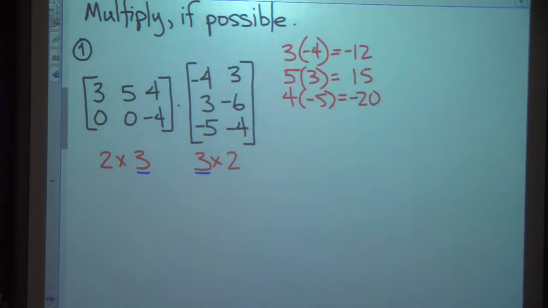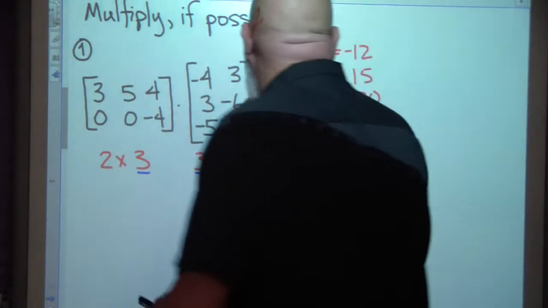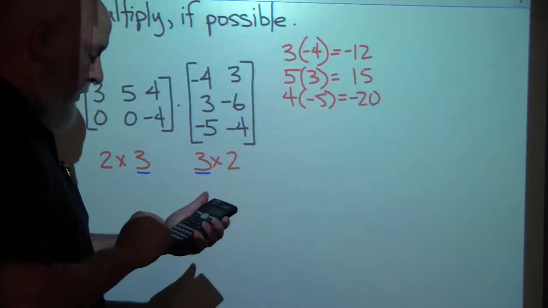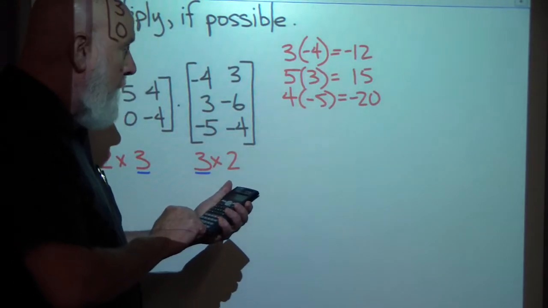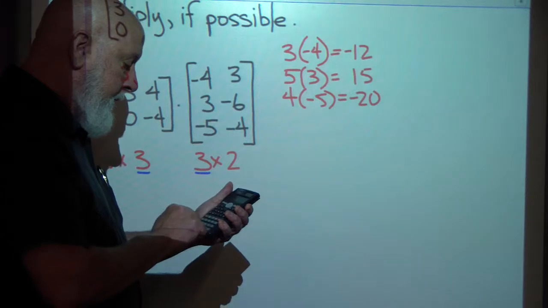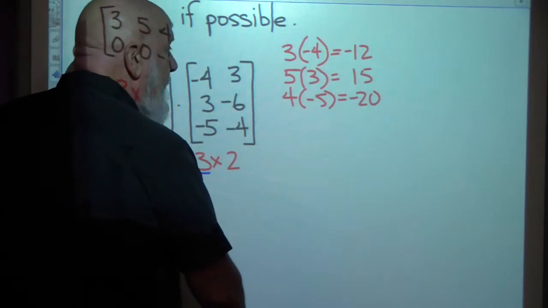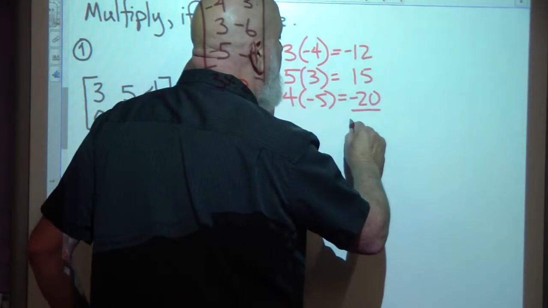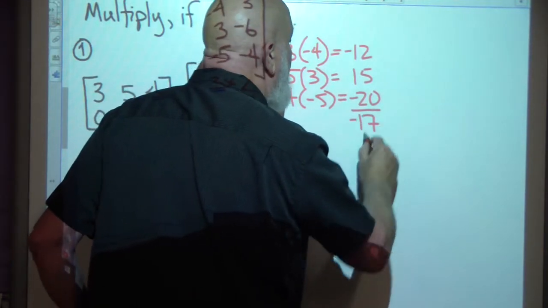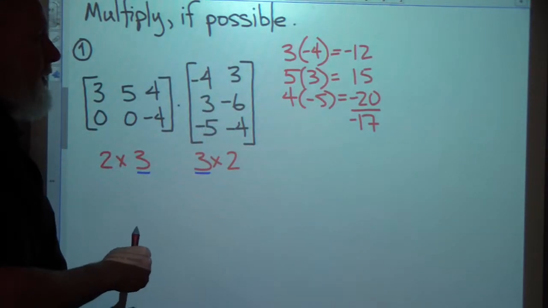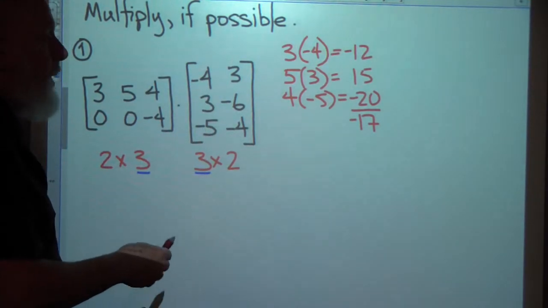We add these numbers together, and I got negative 17. That's the top left element of our product matrix.